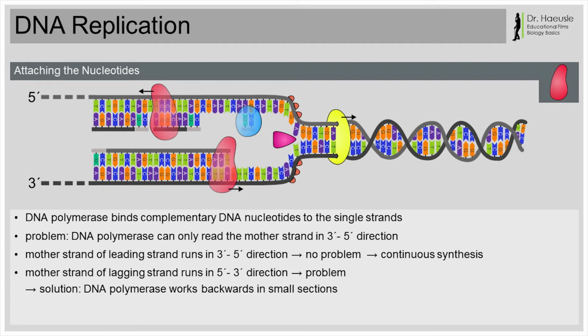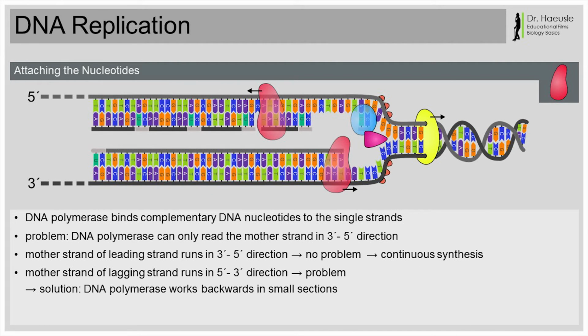If the replication fork has again moved a certain number of nucleotides further, the primase again sets a primer at the current position of the replication fork. The DNA polymerase then starts there and connects new nucleotides to the mother strand until it has arrived at the previous primer. Then a new primer is set, and so forth.